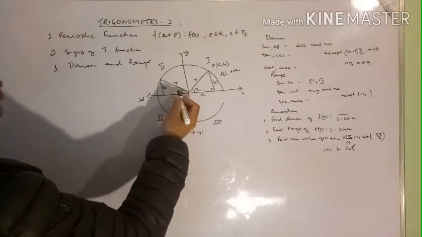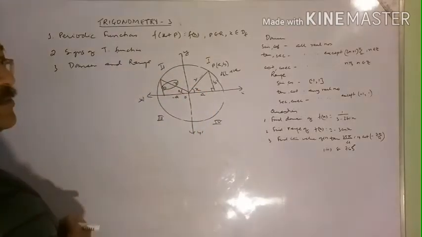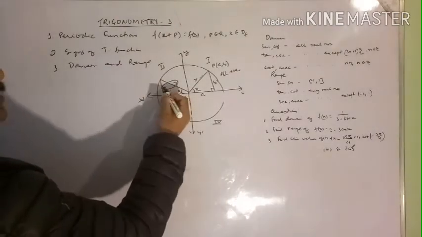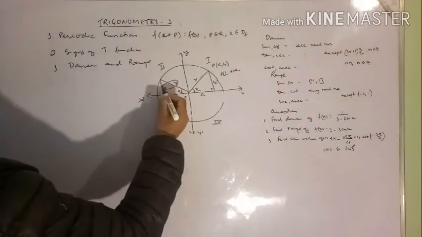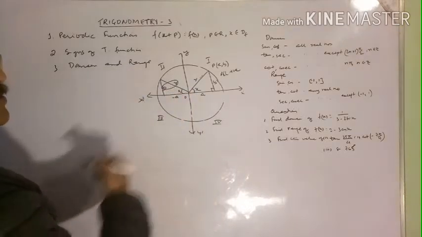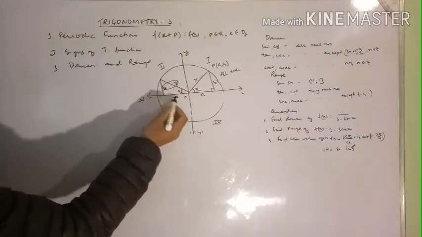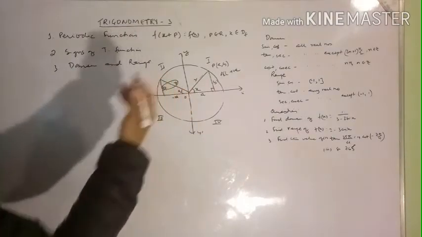So only those ratios, see, containing these two will be positive, rest all will be negative. Okay, so ratios containing these two will be positive. That is, one is p by h, other one is h by p. Remaining ratios will be negative. This by this will be negative. This by this also negative. This by this also will be negative.